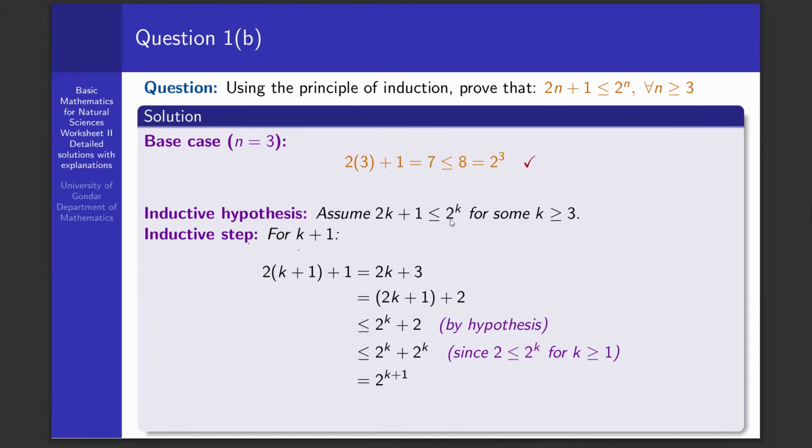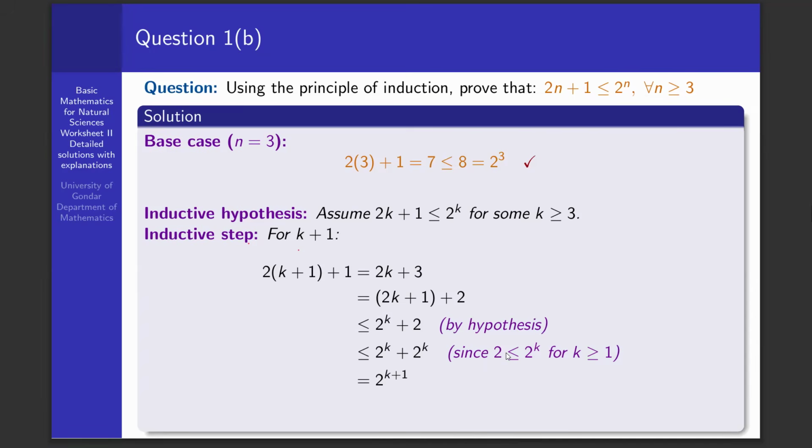By the hypothesis, 2k plus 1 is less than or equal to 2^k. So we have 2^k here plus 2 here.